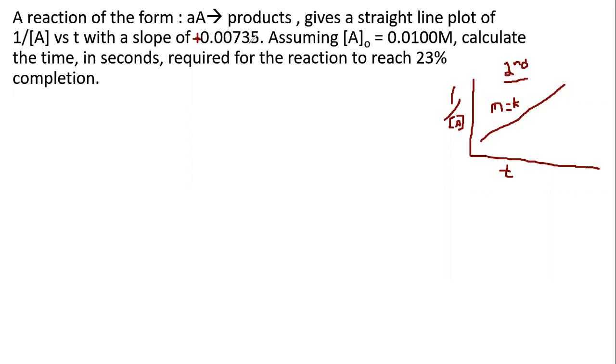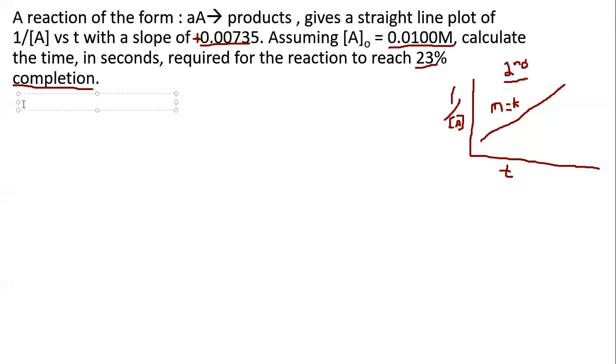So K is 0.00735. We have our initial concentration. We want to calculate how long it will take until the reaction reaches 23% completion. So here it says 23% completion. That means 23% of the reactants got converted into products. So that means the final concentration of reactants is 77%.